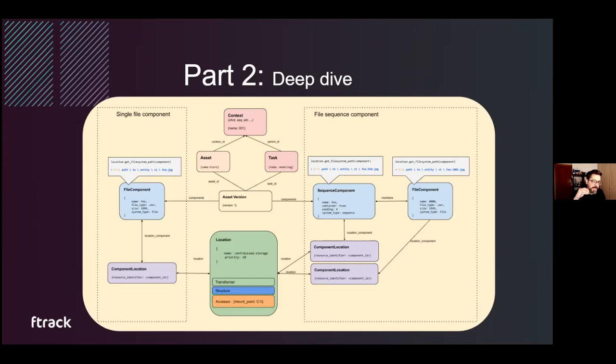Basically, the component location is an entity that physically links the component to the location. So it's what tells the component you're in this location, or tells the location you own this component in this place. And underneath, you can see the location, which in this case is a centralized storage scenario with a priority of 10, which contains a transformer.